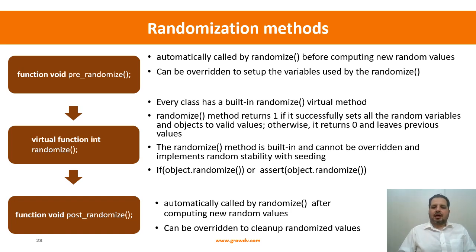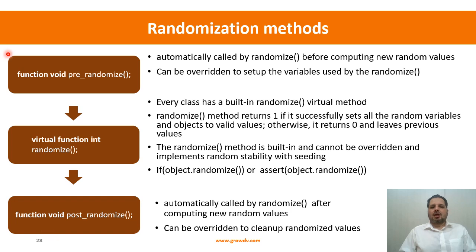So we'll start off with the standard randomize method that we have been using so far. We have not formally defined it, so let's define it and understand it further. When you call a particular object.randomize, it executes in 3 steps.